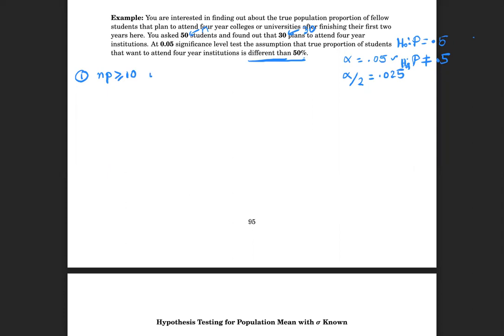Your N is 50, times P is 0.5. Where do you get the 0.5 from? Right here, it's 0.5, which is 25, right? Obviously, that is greater than or equal to 10. And similarly, you can show that NQ is equal to 50 times 1 minus 0.5. That is also greater than or equal to 10.